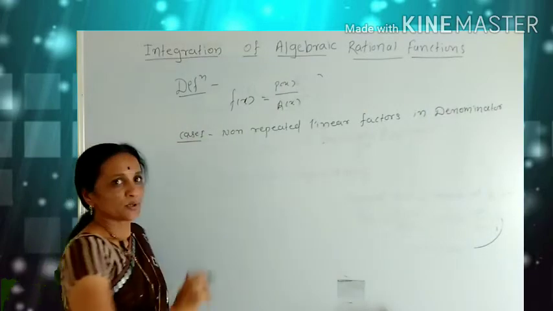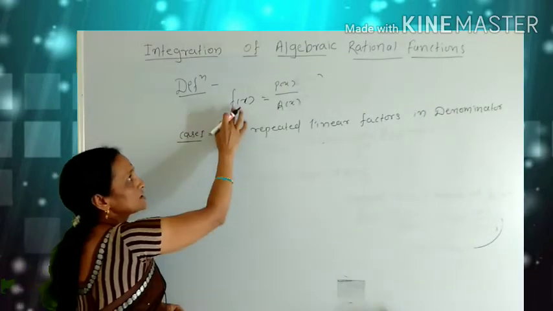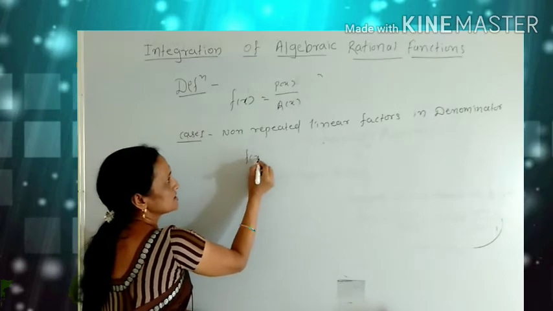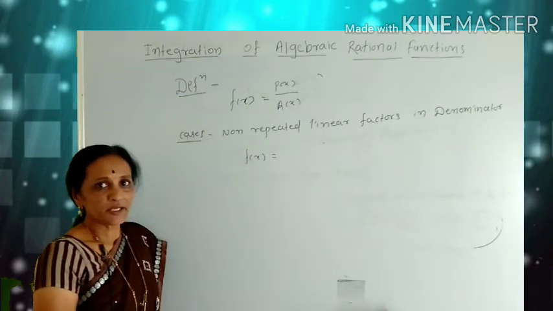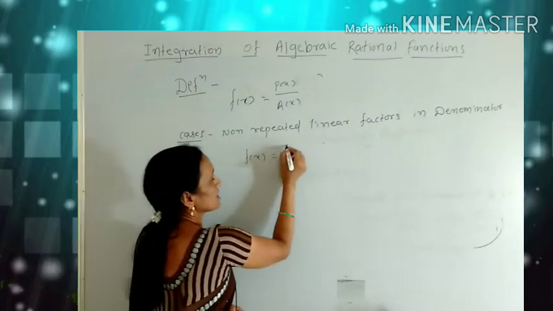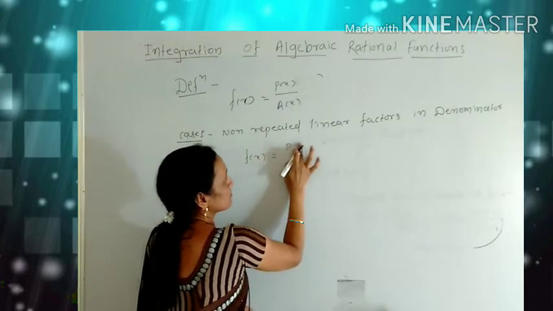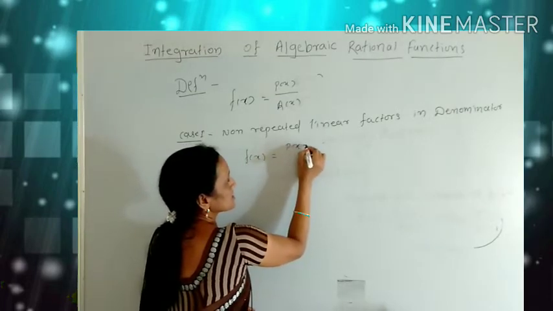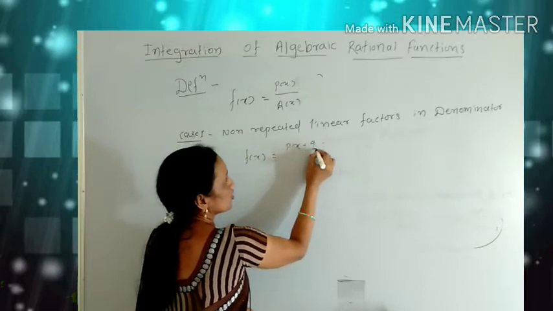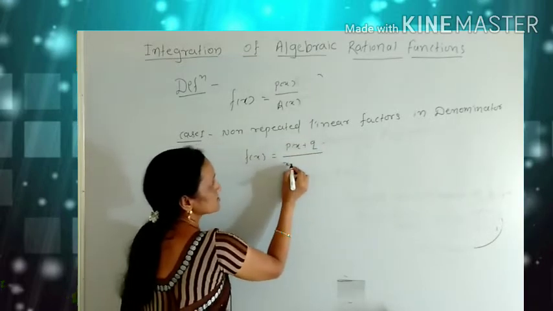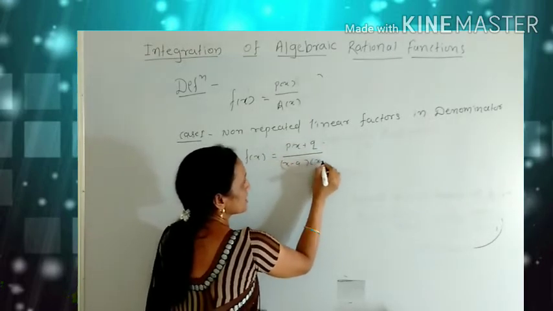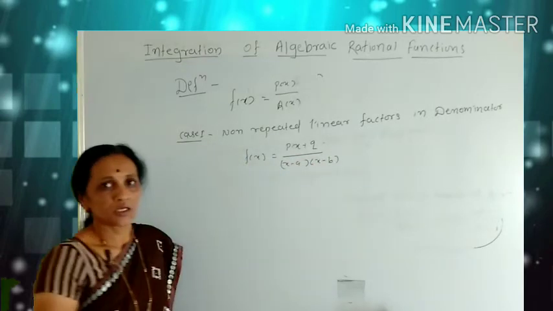For this type, the function f(x) is in the form f(x) = (px + q) / ((x - a)(x - b)).